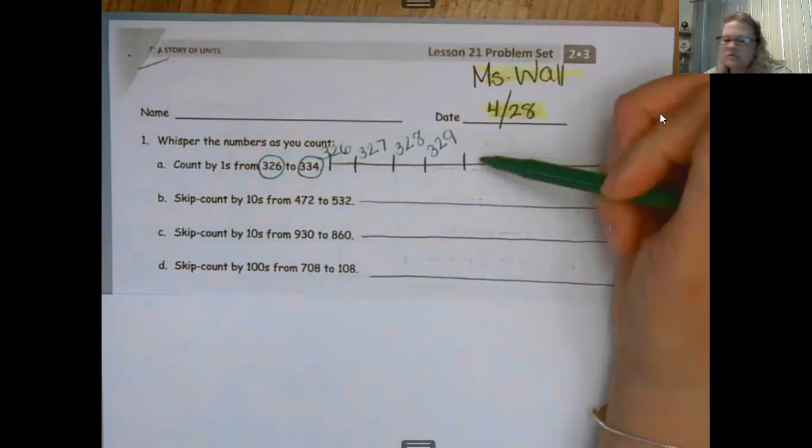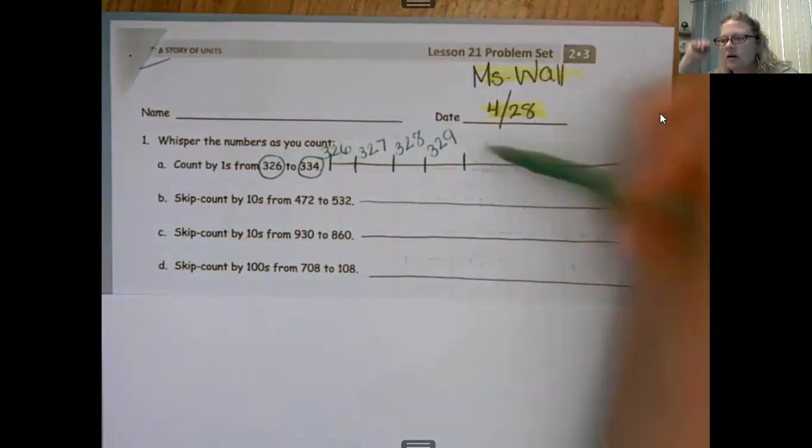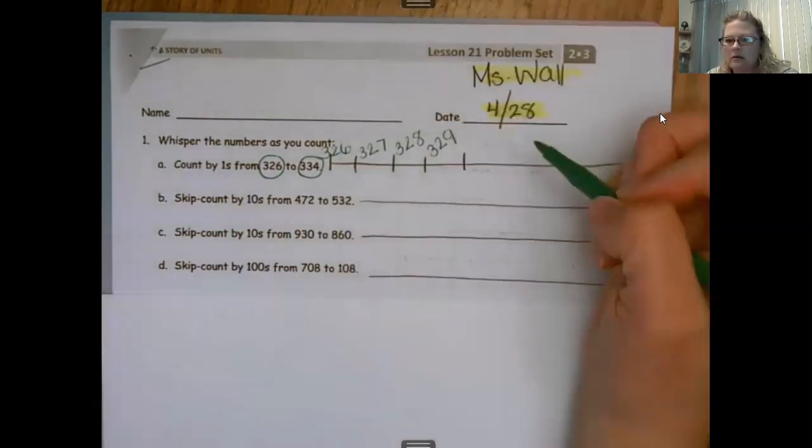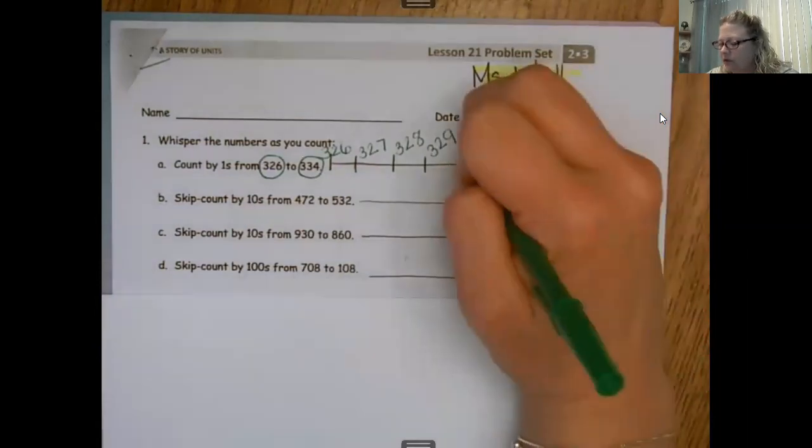And when I'm counting, what number comes after 329? This can be a little tricky sometimes if we're letting our brain go way too fast. So slow it down. What number comes after 329? 330.